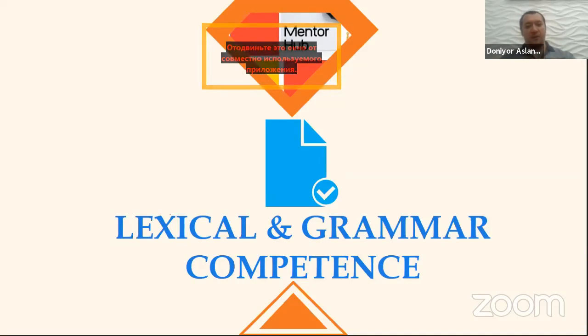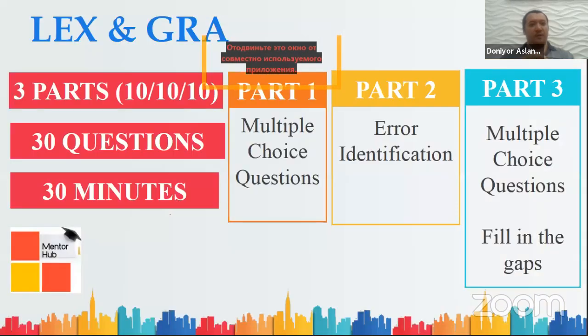And so, lexical and grammar competence, which is considered to be the hardest part for teachers. I mean for everybody. So lexical and grammar competence, which means vocabulary and grammar part. So again, we have three parts in this section. The questions are equal, 10 for every single part.